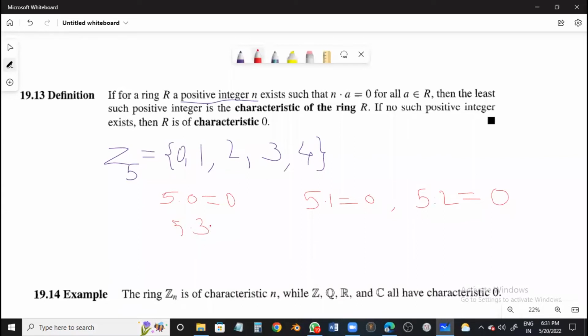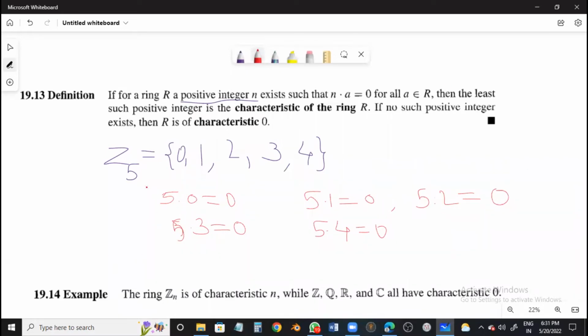And 5 fours are 0. So we are in Z5, and what we observed is that if I multiply throughout by 5, immediately I got the answer to be 0 in every case.